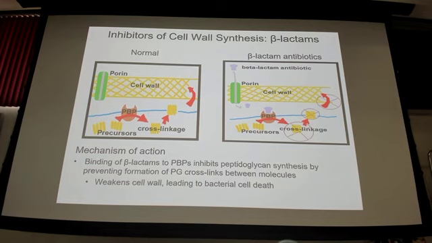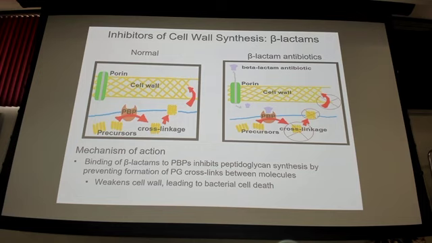Where we can mess that up with a beta-lactam like a penicillin or a cephalosporin or a carbapenem is we have this antibiotic that's coming in from the outside and getting into or past the cell wall into the cytoplasmic membrane. And when it gets into the cytoplasmic membrane, this purple antibiotic here, it's binding to the PBP and preventing it from doing that cross-linking. And when that happens, where it goes wrong for the cell is that you can't fix the peptidoglycan layer, which is a high maintenance structure.